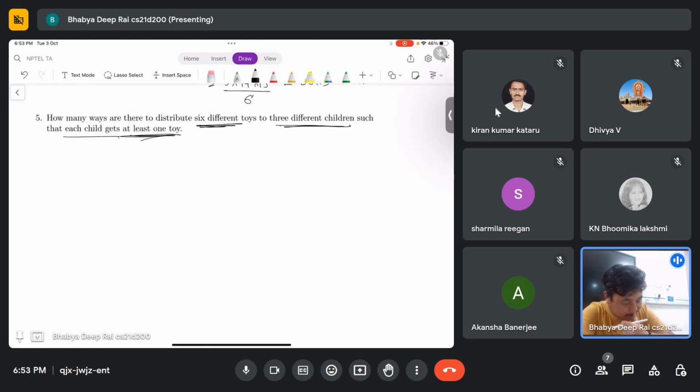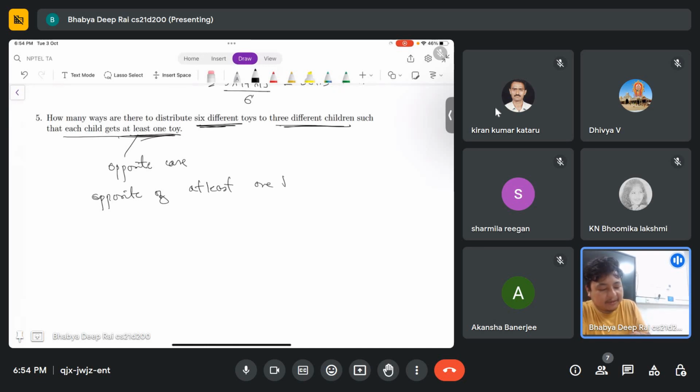And how do you achieve this? Well, always think of the opposite case. What is the opposite of at least one toy? Like we did in the previous one, where we made it at least 6.